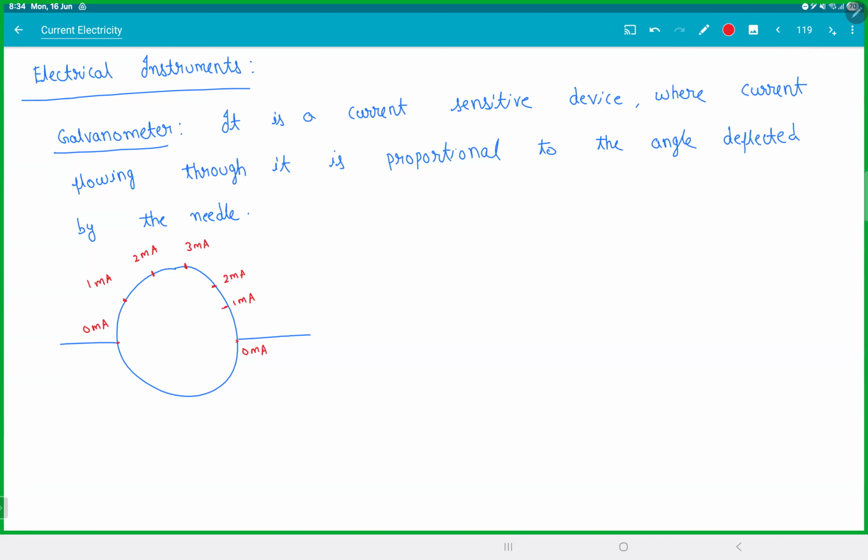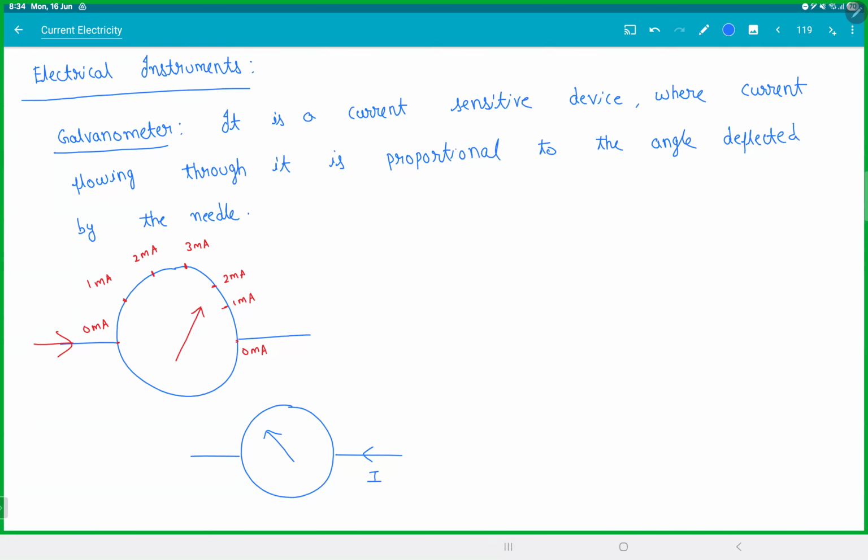So if the current flows from left to right, then the needle will deflect towards right. Yeah, but we have other types of galvanometers also where they will always deflect in the same direction. Same thing. Suppose the current flows from right to left, then the needle would deflect this way.